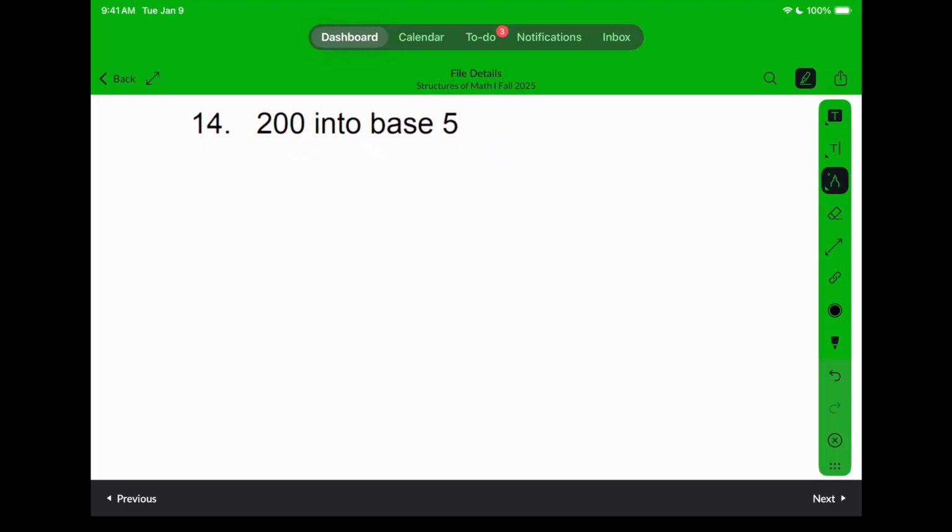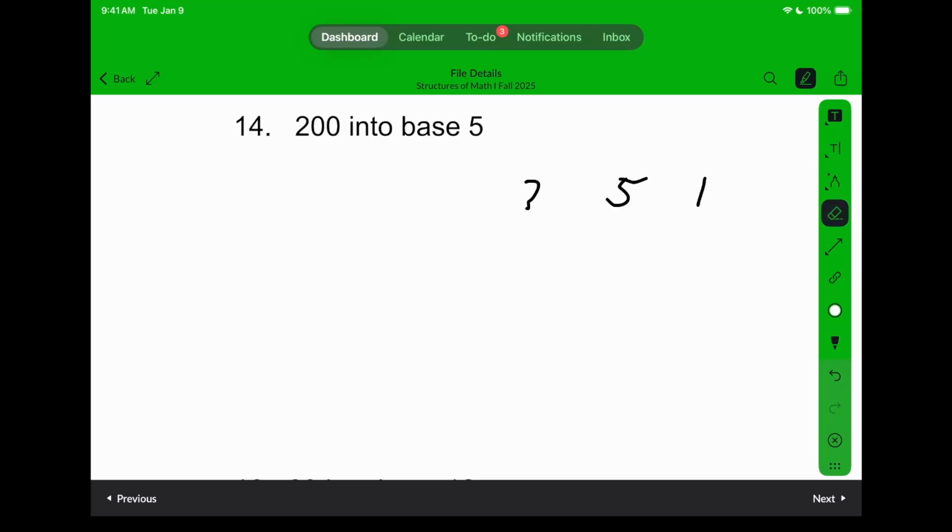Okay, 200 into base 5. It's going to be 1, 5, 25. Oh my god, 125. And then 625, which is very large.